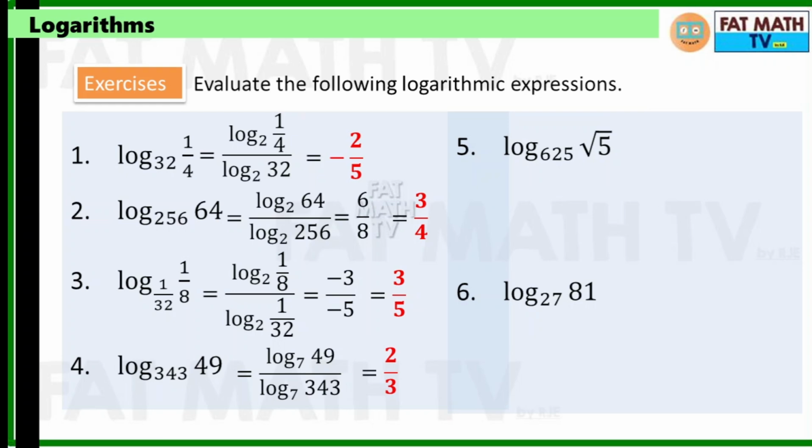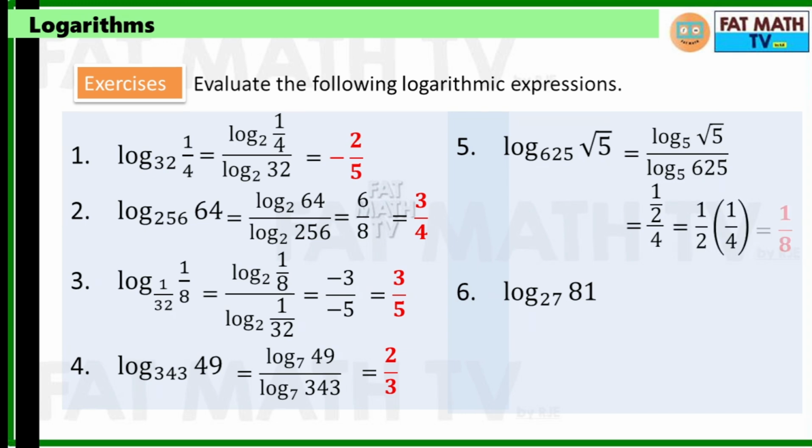Number 5, logarithm of the square root of 5 to base 625 is logarithm of square root of 5 over logarithm of 625, both base 5. So logarithm of the square root of 5 to the base 5 is 1/2, and logarithm of 625 to the base 5 is 4. 1/2 divided by 4 is the same as 1/2 times 1/4. That is 1/8.